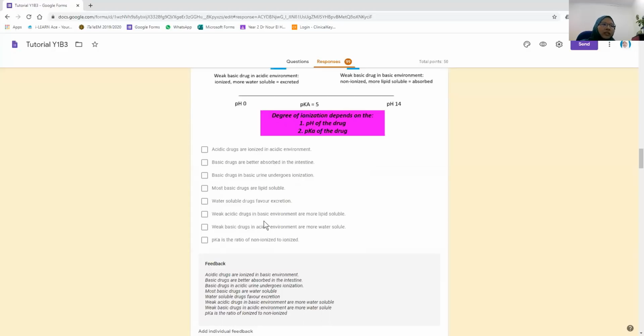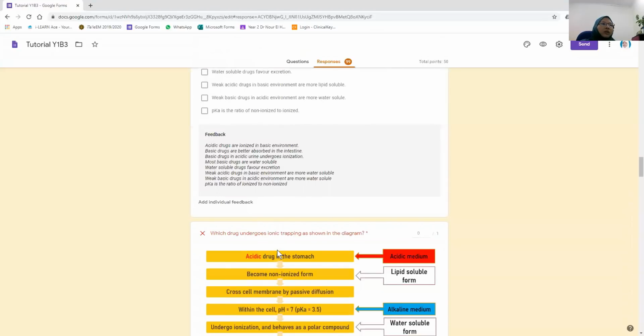Weak acidic drugs in basic environment are more lipid soluble. When it is ionized, of course, it is more water soluble, not lipid soluble, right? Weak basic drugs in acidic environment are more water soluble. This is true. pKa is the ratio of non-ionized to ionized. This is wrong because it is actually the ratio of ionized to non-ionized.